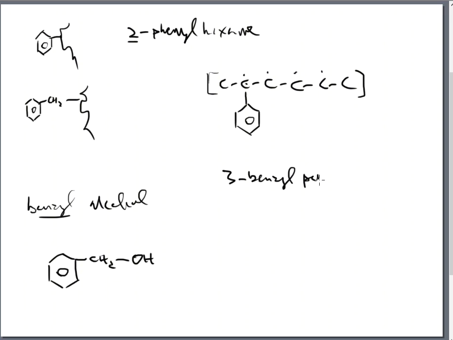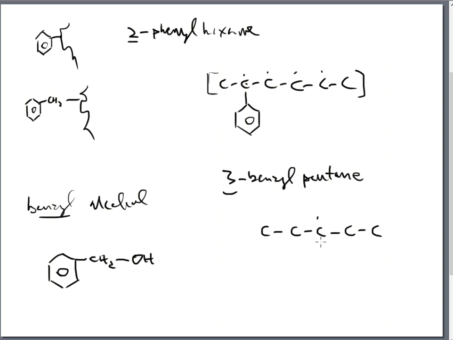3-benzylpentane. Pentane, pent, well, that's 5: 1, 2, 3, 4, 5. If you don't know that, sorry, I don't know how you got here. Pentane, ane, all single bonds all the way down. And then on the third carbon of the chain, 1, 2, 3, right here, we have a benzyl group.